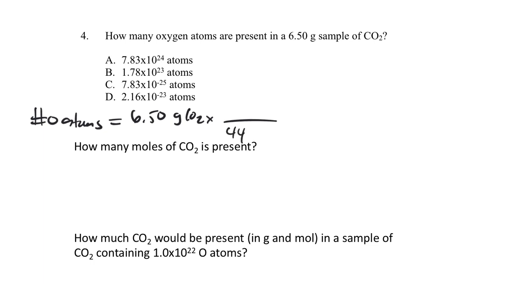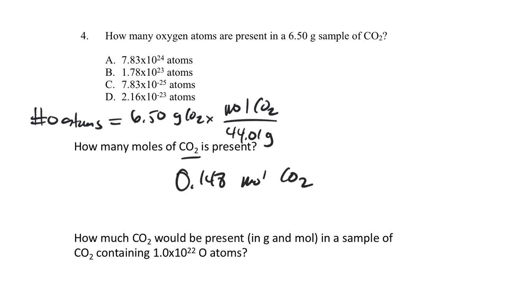So that's 44.01 grams per mole of CO2. The next question asks down here, how many moles of CO2 are present in that 6.5 gram sample? If I just quickly do this math here, 6.5 divided by 44.01, that's 0.148 moles of CO2. So that's the moles of CO2 in that 6.5 gram sample.